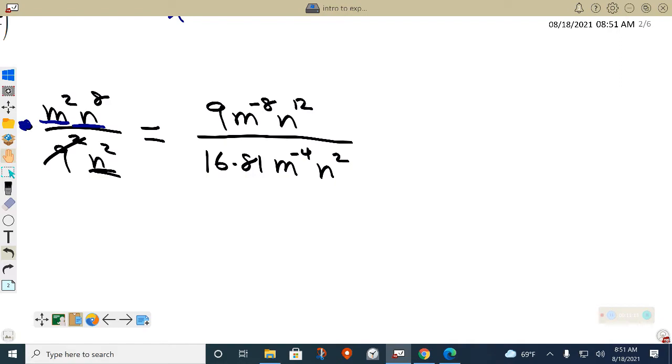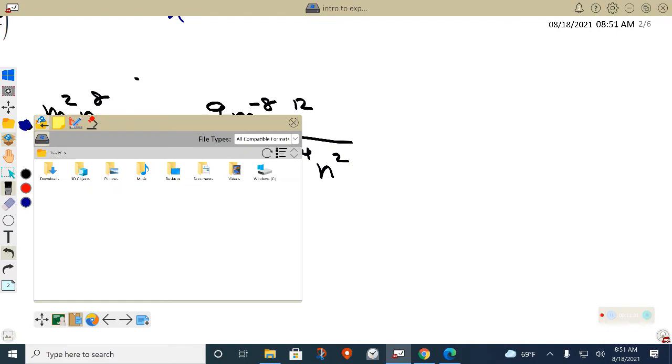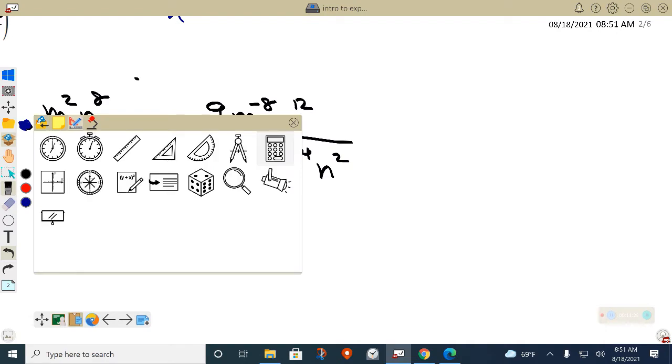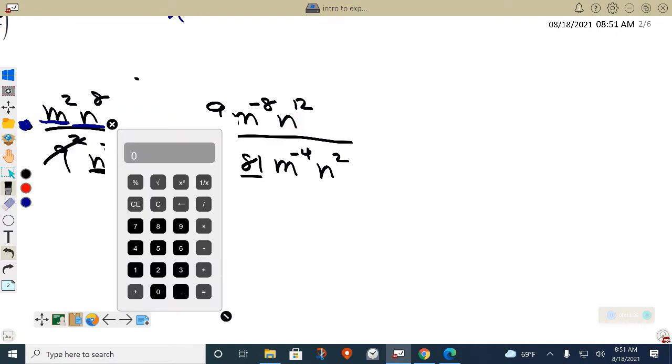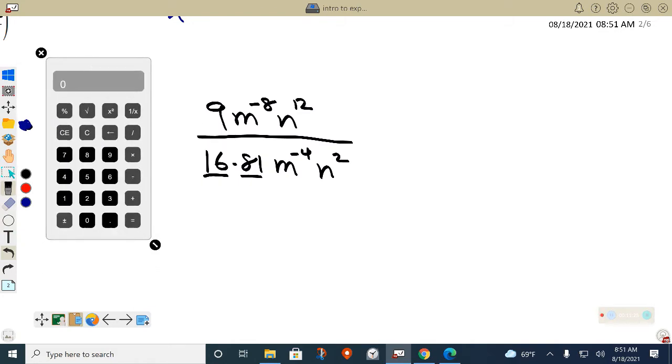The first thing I'm going to do is multiply the 16 times 81 on my calculator. See what it spits out. So let's see, 16 times 81. I get 1296.